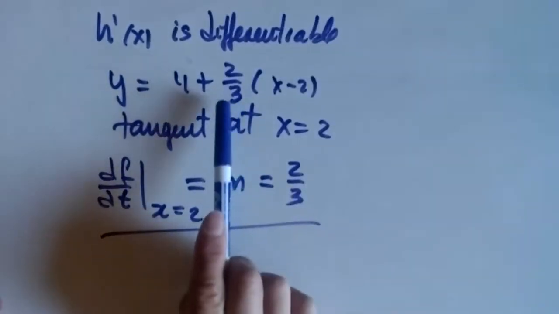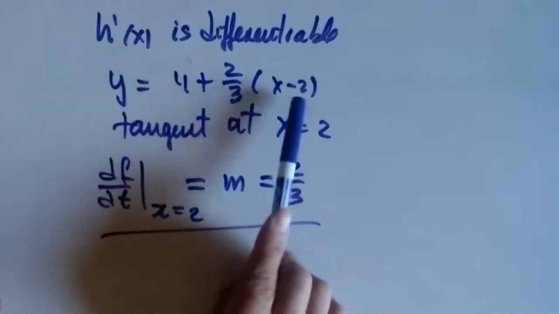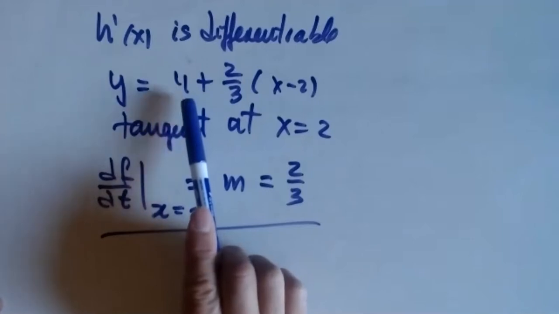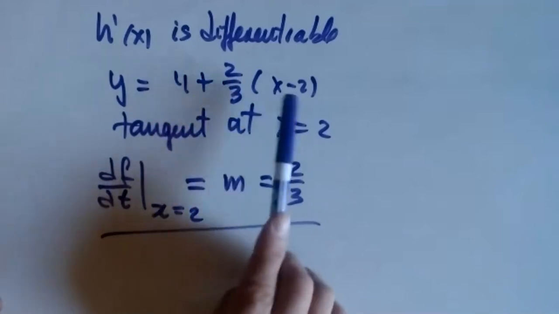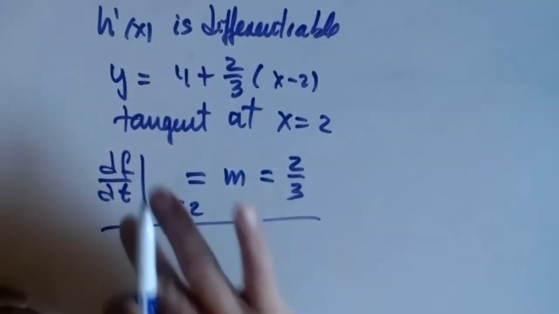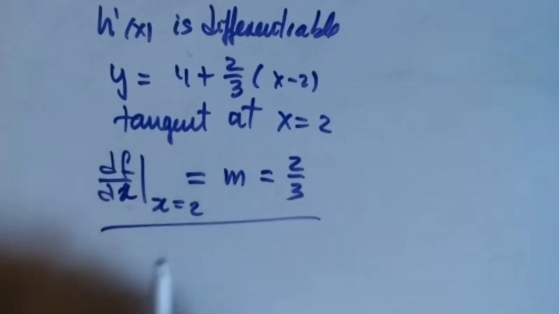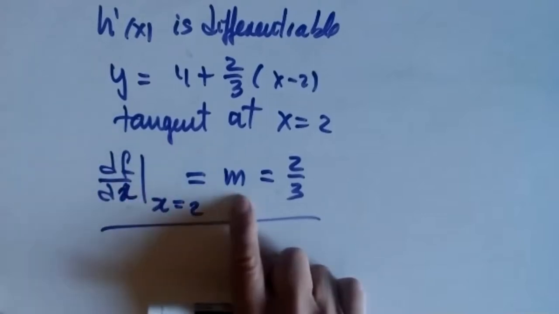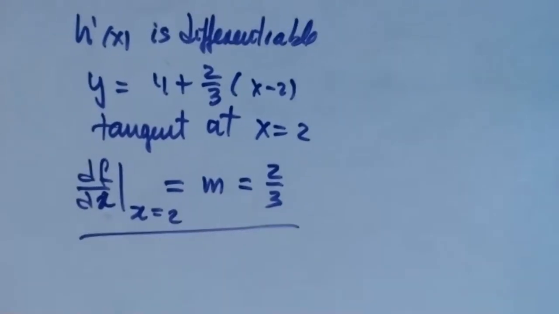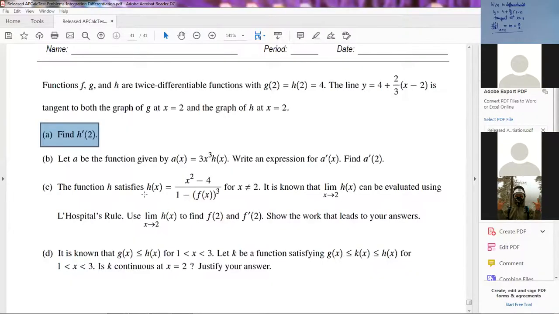Remember how you get the slope of the tangent line? You need a point, the point is right here, and then you need the slope of the tangent line, the derivative at that point. So dh/dx right here at x equals 2 is this m, which is 2/3. Okay, so it's very simple. You only have to make a little justification. Okay, you have 1 point.